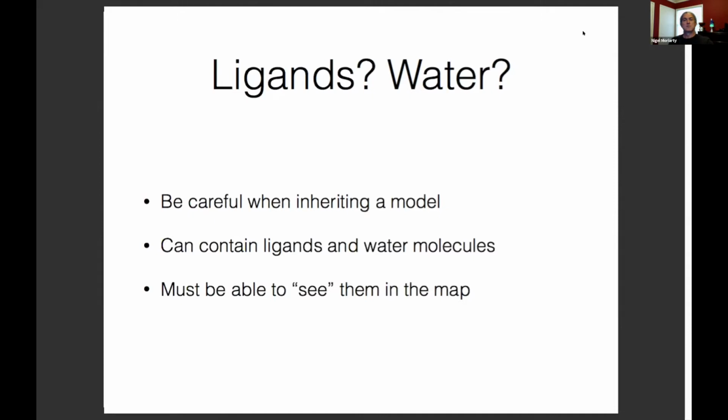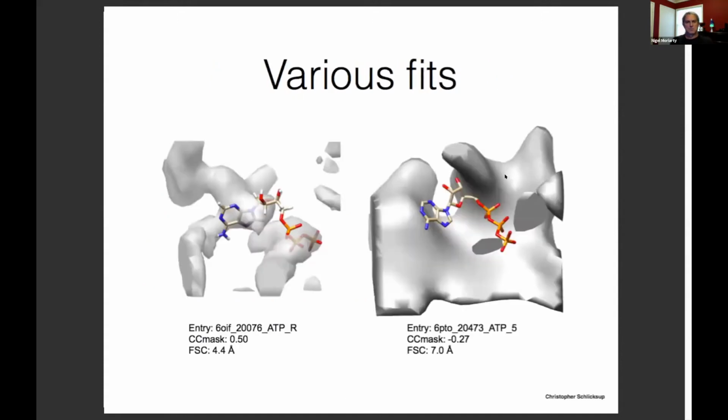So by see them, you can look at them in the density and see whether they actually are there. And here's two examples. I got these from Christopher. He's in our group, and you can see on the left the ATP at just worse than 4 angstroms.